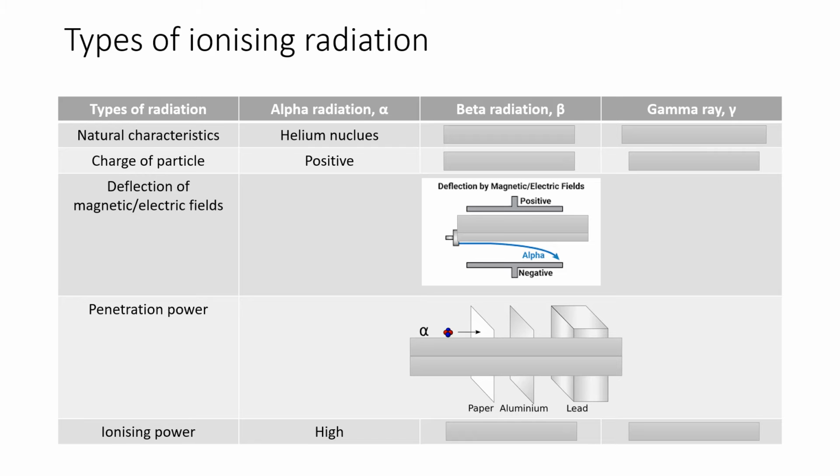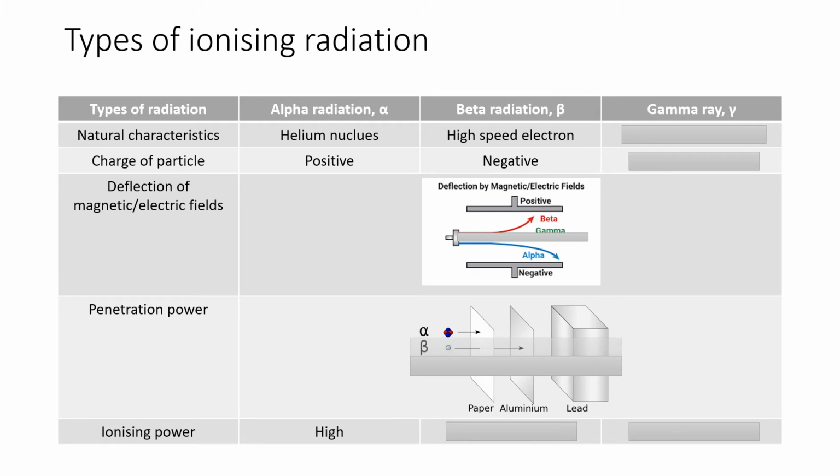Next, beta particle or beta radiation. It is a high energy, high speed electron. It is emitted by the nucleus. Therefore, it is negatively charged. So, it also can be deflected by an electric and magnetic field.